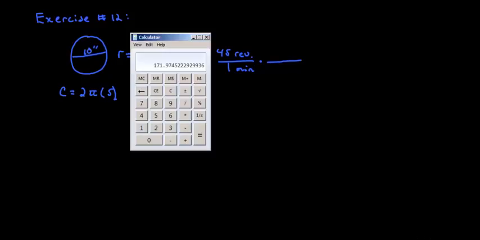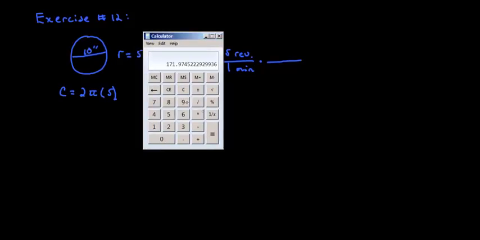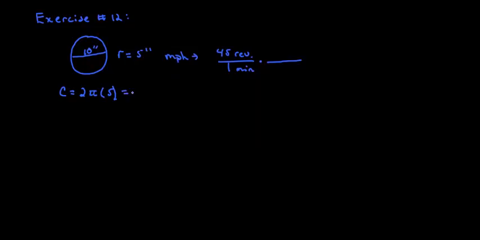Let's use 3.14 as the estimate. So that's basically 10 times 3.14, or 31.4. And that's in inches. So 1 revolution is equal to 31.4 inches.